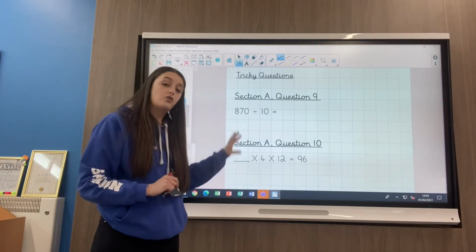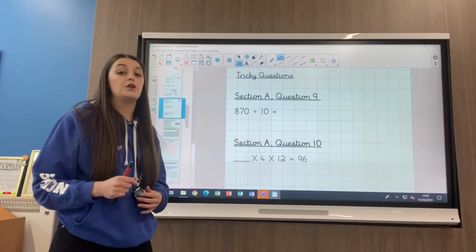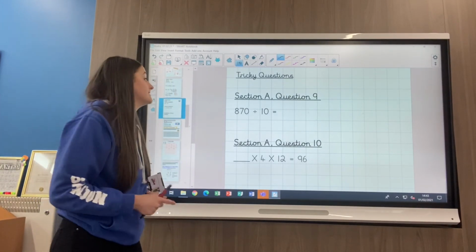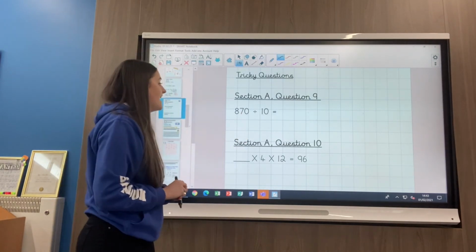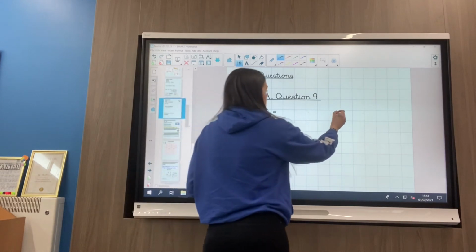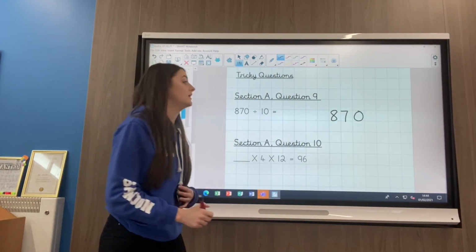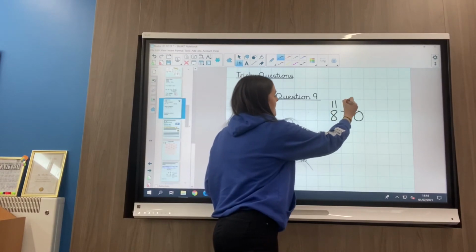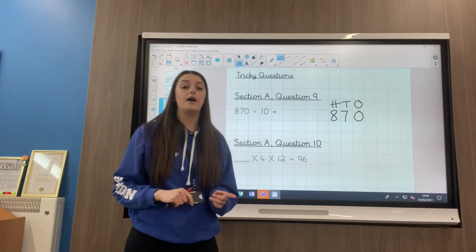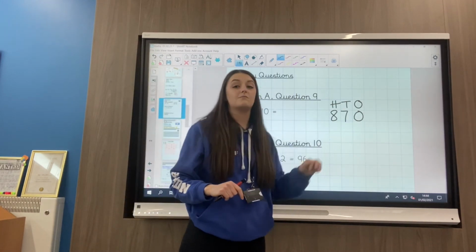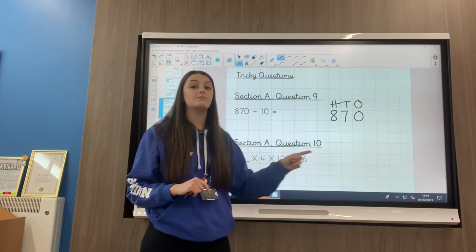Now, last but not least, I have noticed some tricky questions on your Section A Startup Challenge today. So I'm going to go through these with you, so you might want to fill them in before you complete the rest of Section A today. I've got 870 divided by 10. Now, 870, when we're dividing by 10, we're making it 10 times smaller. So I've got my hundreds there, my tens and my ones. When we make it 10 times smaller, each of my digits moves one place to the right, getting smaller.